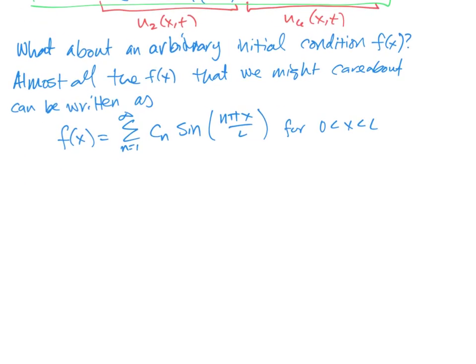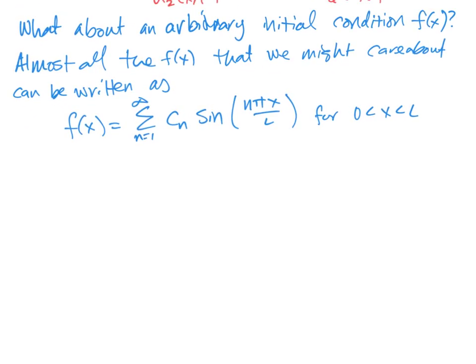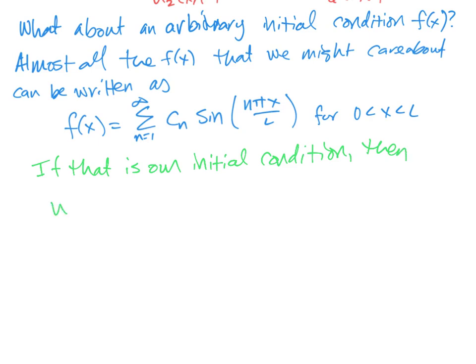But now in an arbitrary case, if we can write our f of x, which we can in a lot of cases, as this sine series, then if that is our initial condition, we've got our u of x, t already.